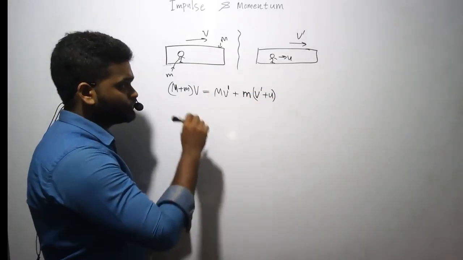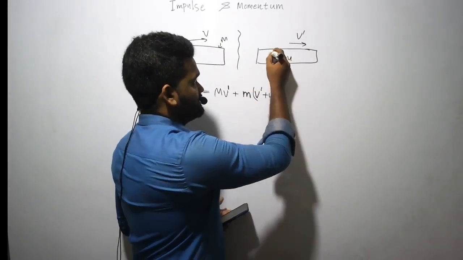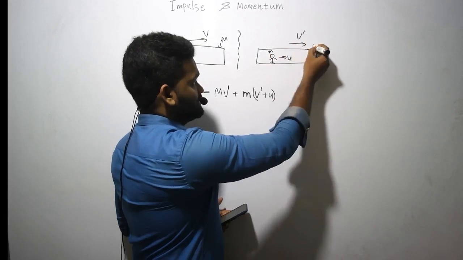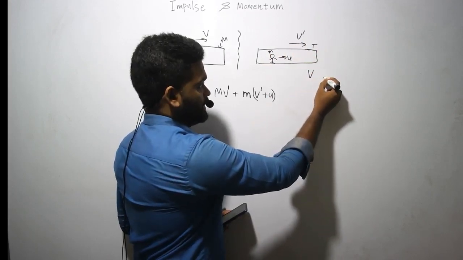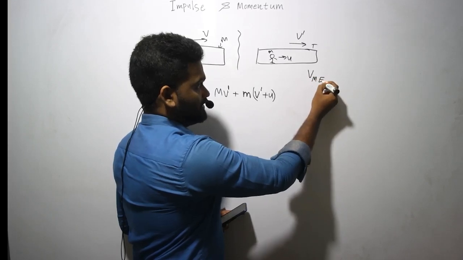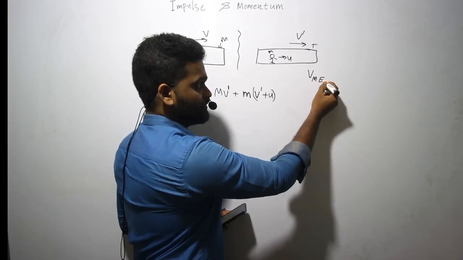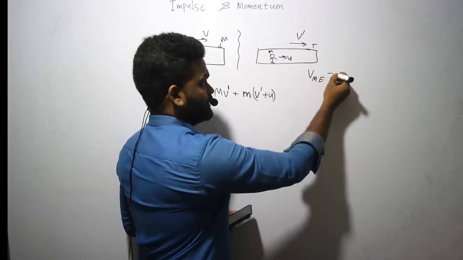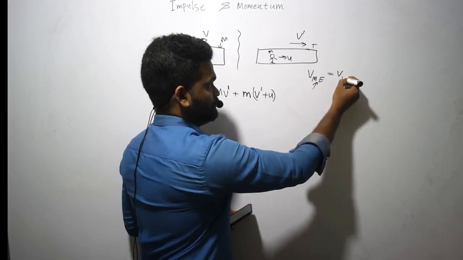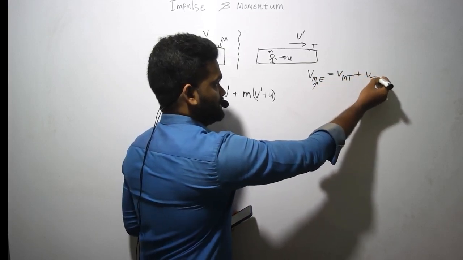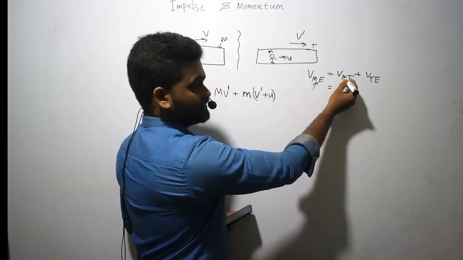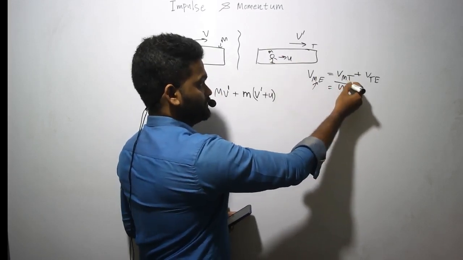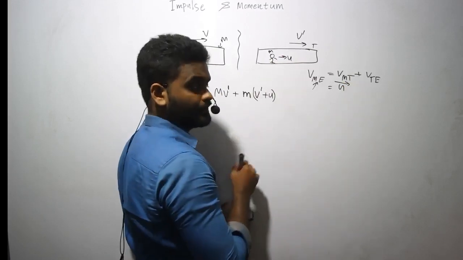I'll show that. Let's say the man is small m and the trolley is capital T. What do we need to find? The velocity of the man relative to Earth. Put a T here, so you get Vmt plus Vte. Relative to the trolley, the velocity of the man is u.